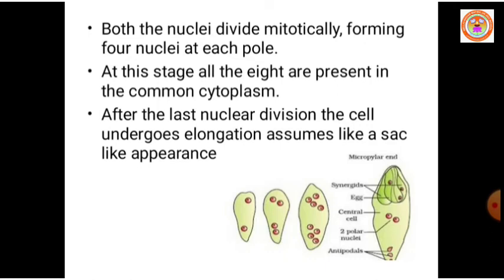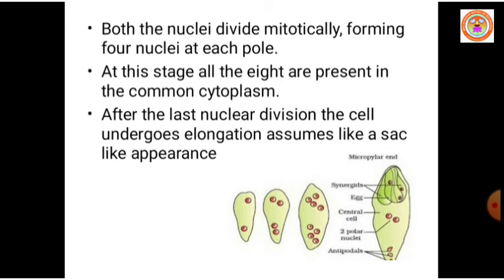Both the nuclei divide mitotically, forming 4 nuclei at each pole. So each nucleus divides mitotically twice. Every time one nucleus divides, it forms 2 nuclei. If the 2 nuclei further divide, it forms 4 nuclei.